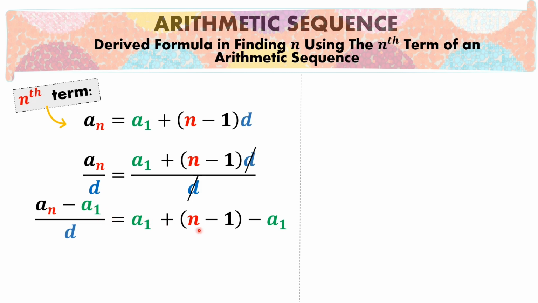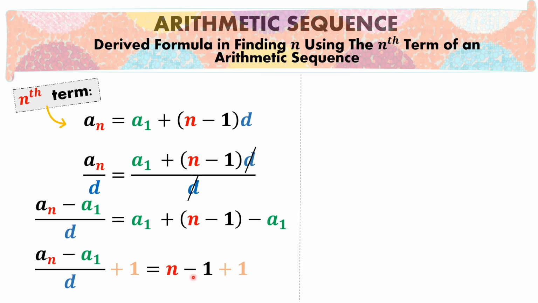After dividing both sides by d, we subtract a sub 1 from both sides. That gives us a sub n minus a sub 1 all over d equals a sub 1 plus n minus 1 minus a sub 1. So a sub 1 minus a sub 1 is equal to 0.